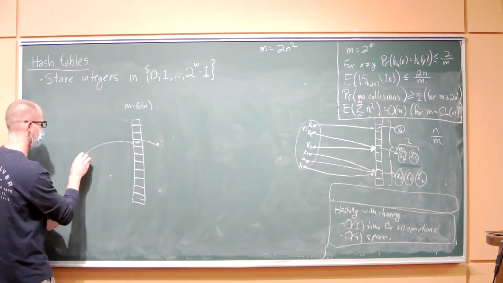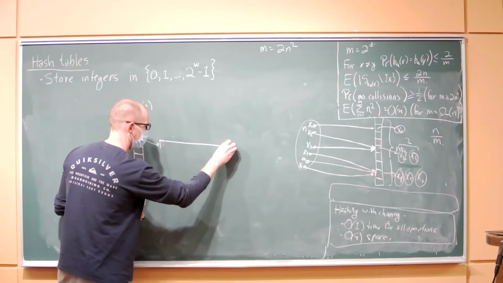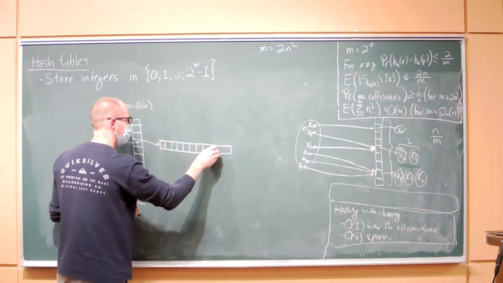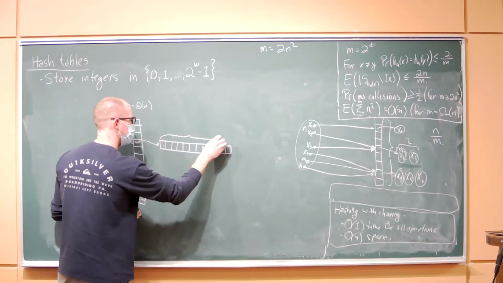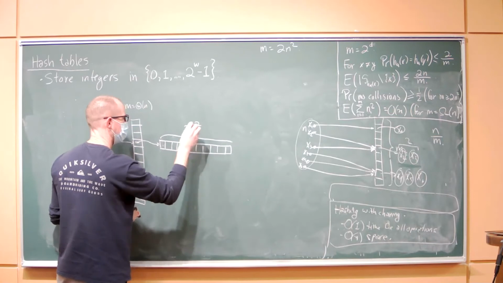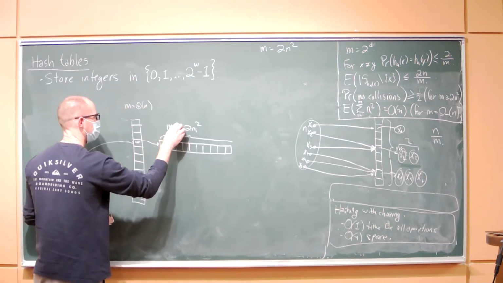So if I look at position i in that table, it's going to be a big thing. And its size is going to be 2 n_i squared. We'll call that m_i. It should be at least that big.